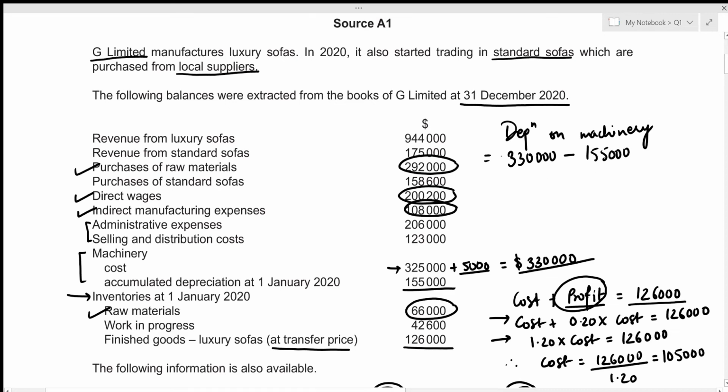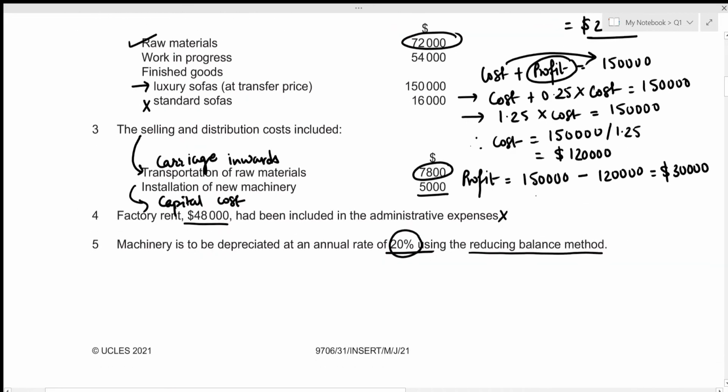This will give our net book value. So we just need to multiply it with the rate in order to figure out our depreciation charge. And we were given the rate to be 20%. So that's times 0.20. This gives our depreciation per year on machinery to be 35,000. So we need to include this in our factory overhead section. Let's do that.